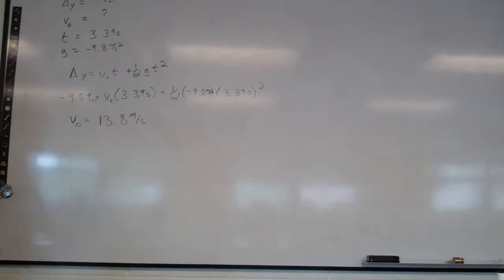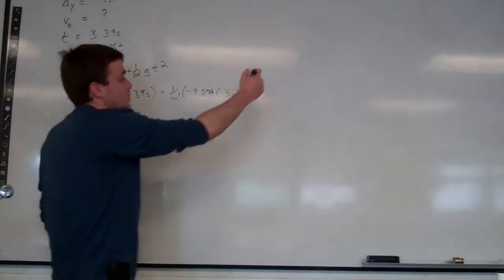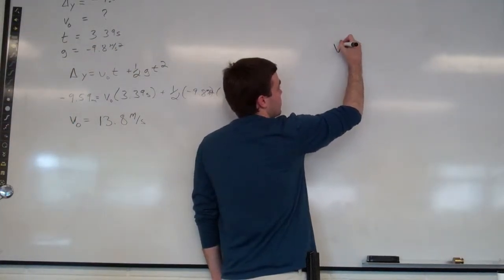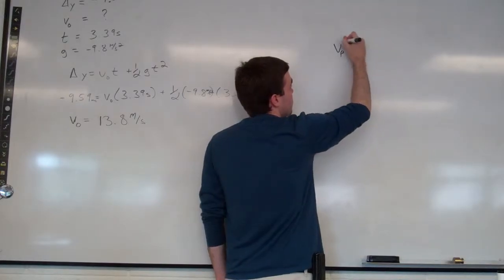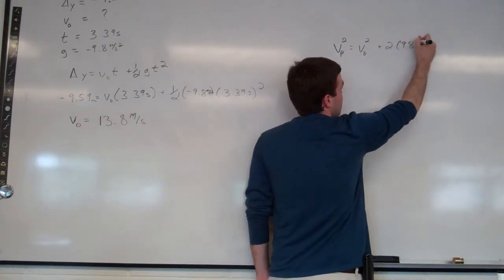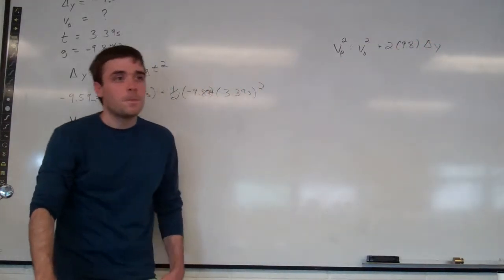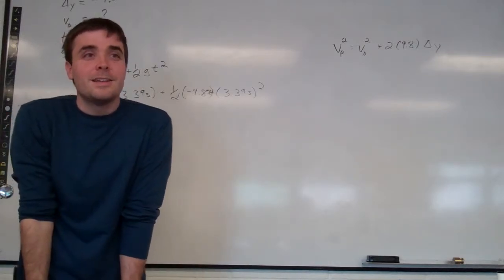One thing, guys, make sure you're careful, lots of you were making this mistake before. Remember that 1/2 times 9.8 is 4.9. And if it's this equation, v final squared equals v initial squared plus 2 times 9.8 times delta y, what's 2 times 9.8? 19.6, not 4.9.